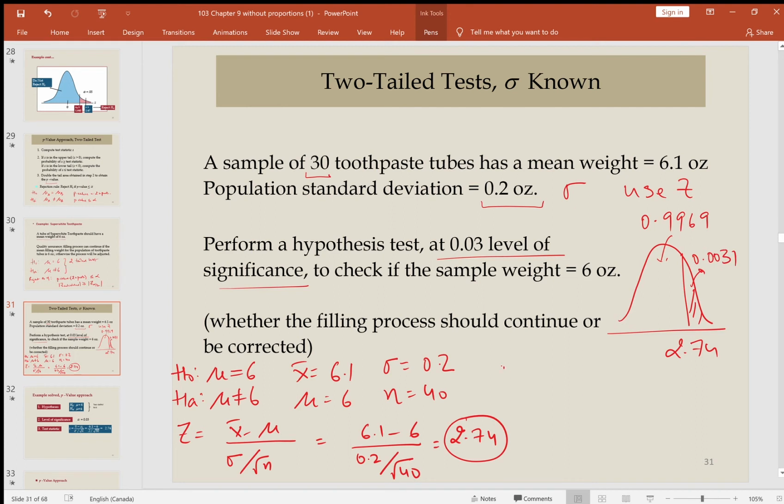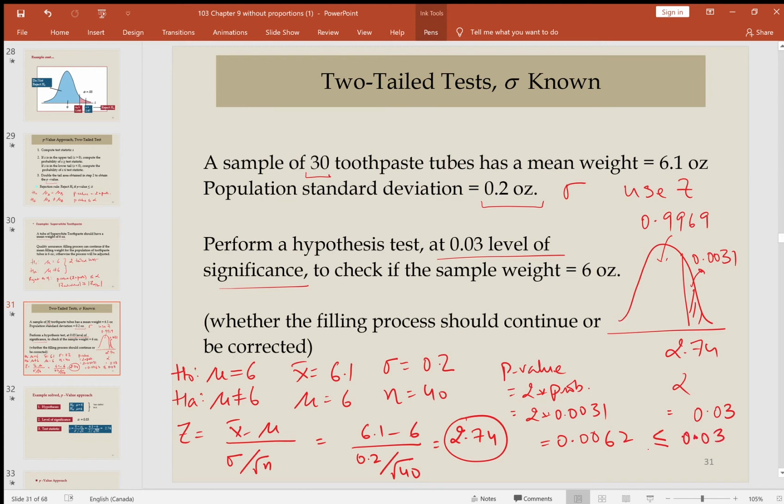Okay, now p-value is double this probability, so twice 0.0031 equals 0.0062. Okay, now how much is our alpha? Alpha is 0.03. Okay, so our p-value, as we can see, is less than or equal to alpha 0.03.